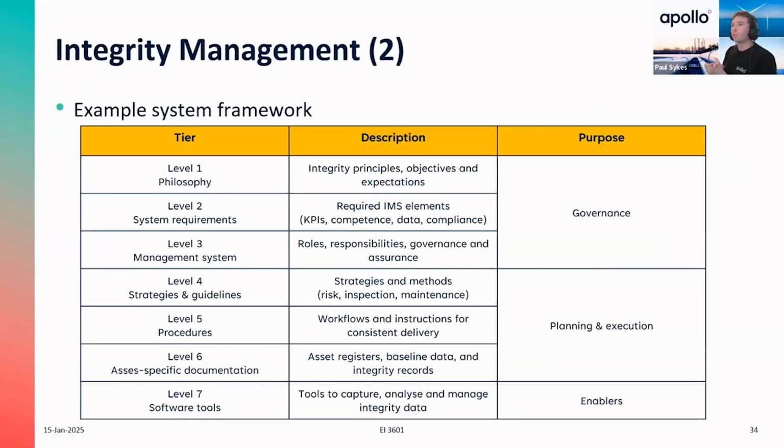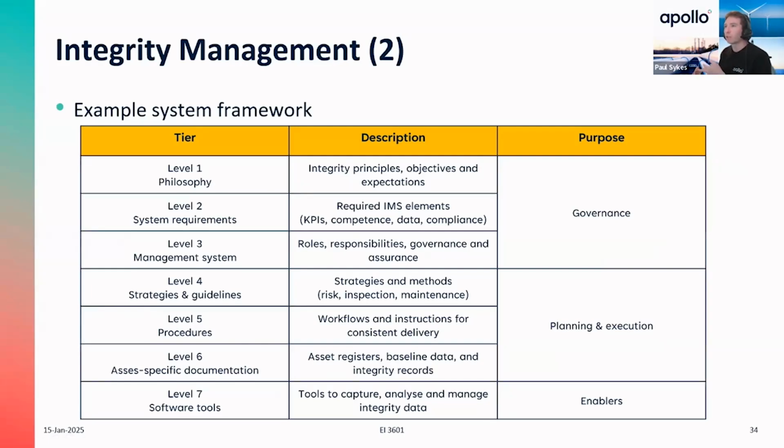At the top of the framework, levels 1 to 3 are really about the governance. These are the things that specifically matter to the company: what the system is expected to do and how roles, responsibilities, and assurance are set up and maintained across the asset base. Levels 4 and 5 are more practical elements.